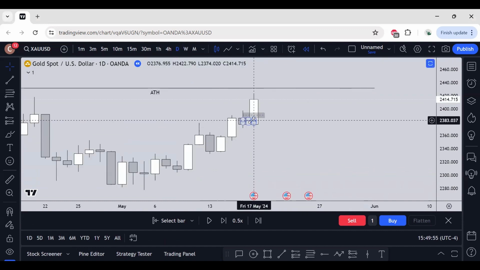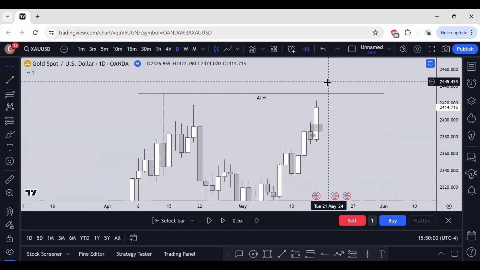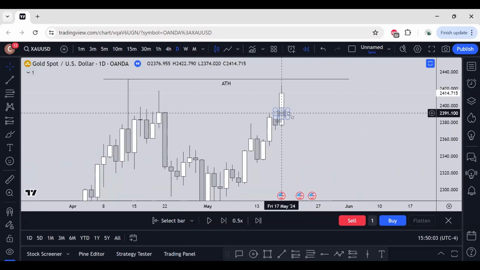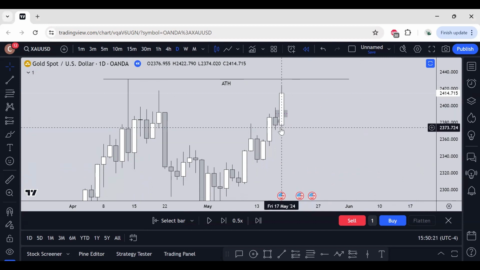Daily is bullish, and we have the all-time high over here, which I have marked out. I also have a PD array marked out over here, which is something that we didn't push into today. If we are bullish on the daily, I just want to look for buys, and when the daily candle opens, I want a lower weight.